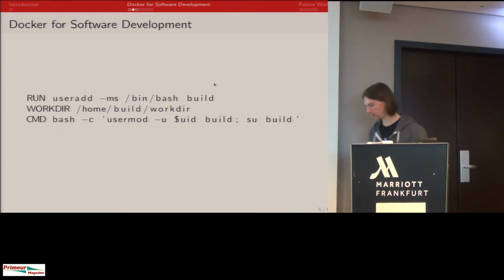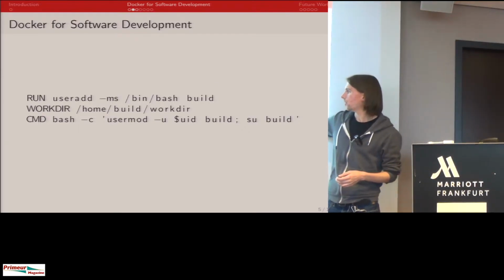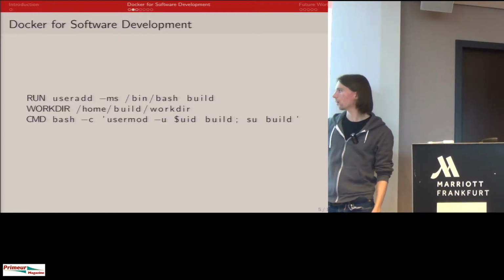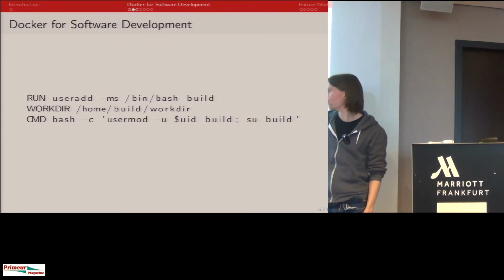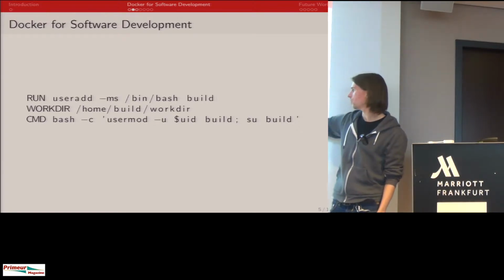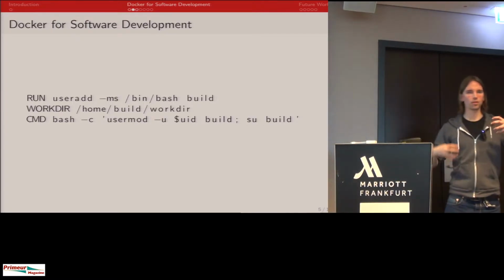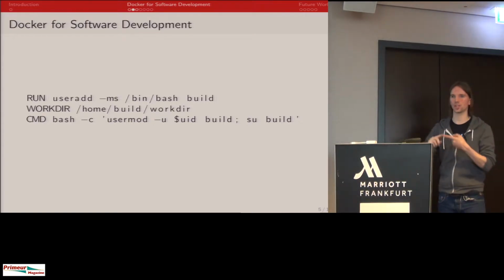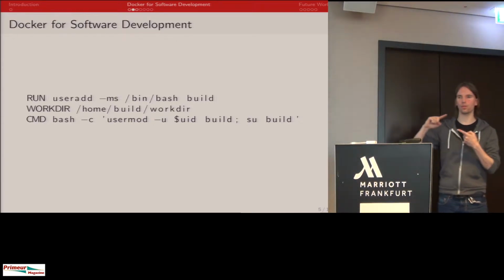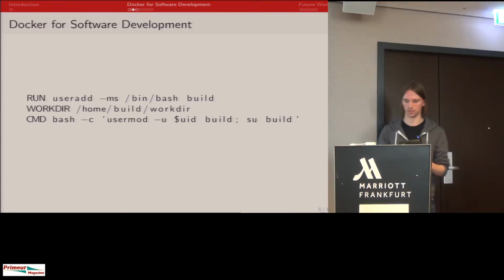And the interesting part, or a little trick I'm doing, is I add a user to the Docker image, just a build user, give it a work dir, and then when I start the Docker container, it gets a usermod for a certain UID and switches the user into the build user. So to solve this problem, when you're running a Docker container and you want to access your files on your local machine, you just set your current UID to the UID of the build user, and you can access all your files without any conflicts.